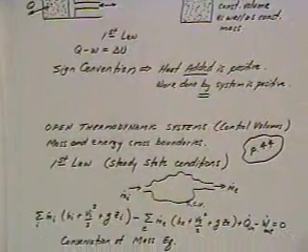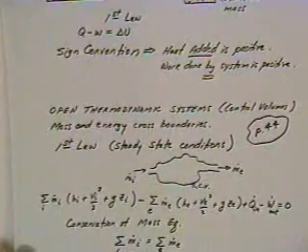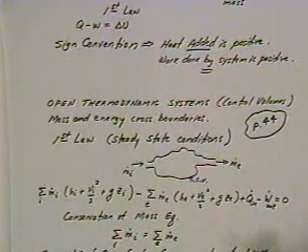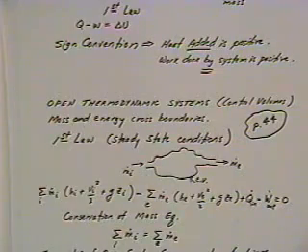The other type of system that we want to talk about is open thermodynamic systems. These are discussed on page 44 in the reference manual. Open thermodynamic systems are also called control volumes. Those two names are synonymous, and in the open thermodynamic system, both mass and energy cross the boundaries.